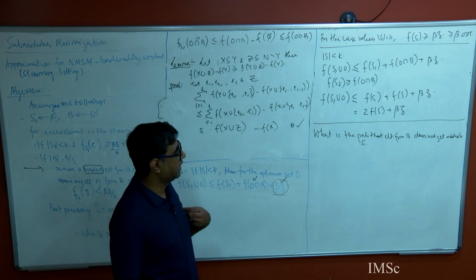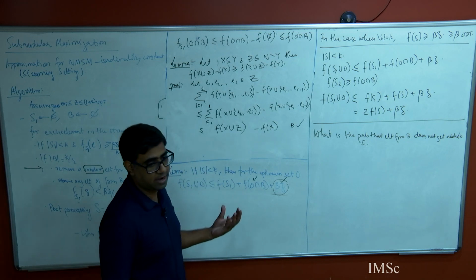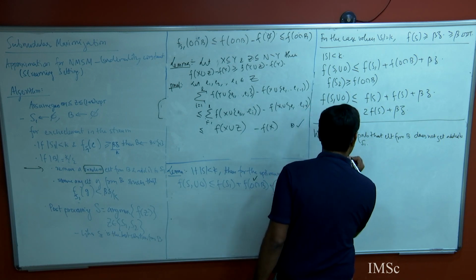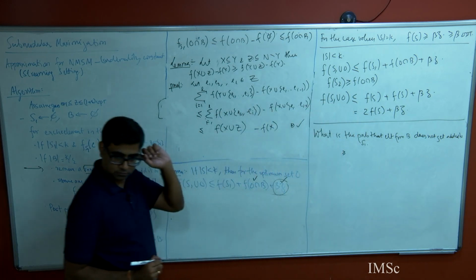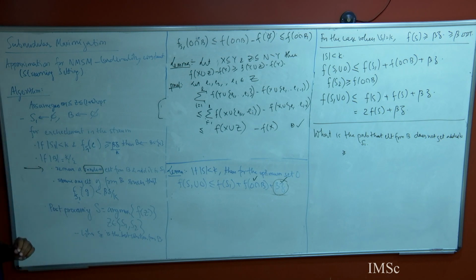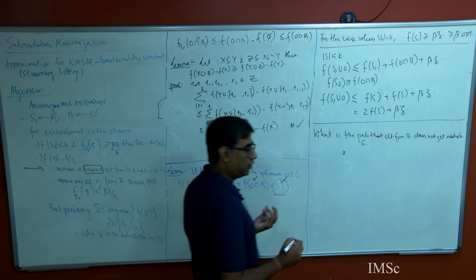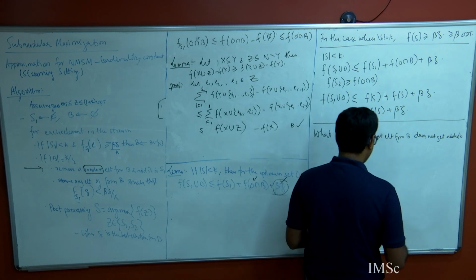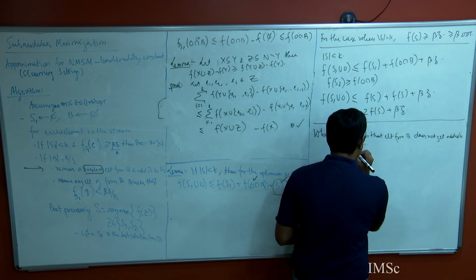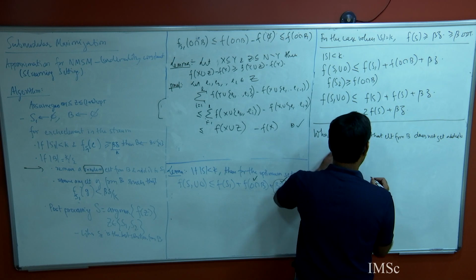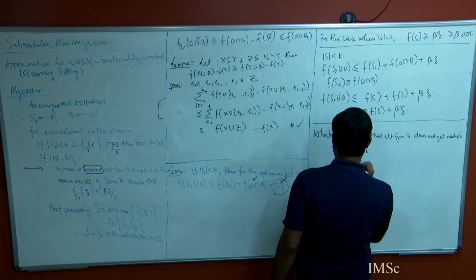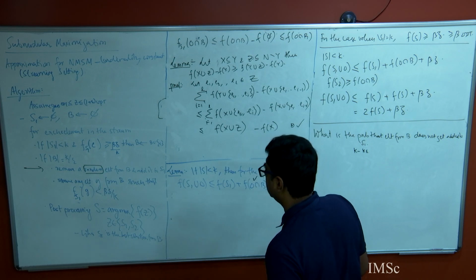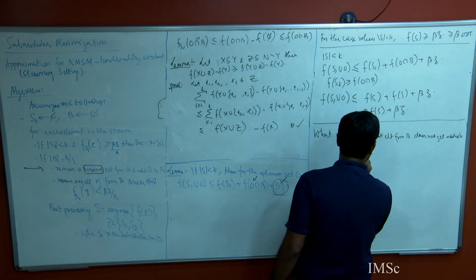So the probability that an element from B does not get added to S1 is at least or at most... Okay. So first of all, it doesn't get added in the first round. What is the probability that it does not get added? So let's write K over epsilon. What is the size of B? K by epsilon.